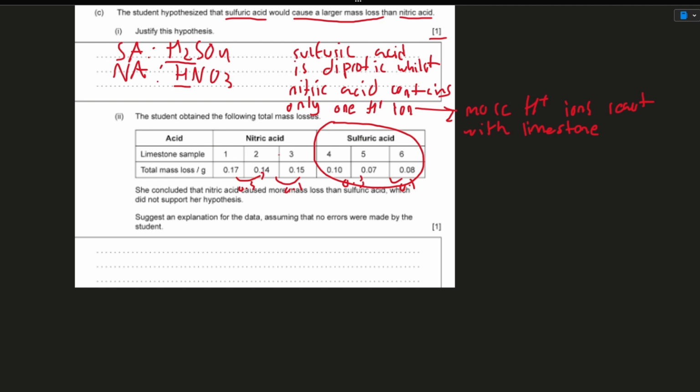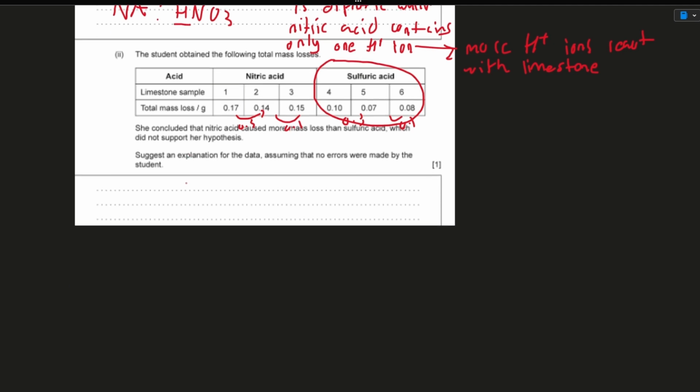Because nitric acid is less reactive because it has less H plus ions, it's more unlikely that it would cause the same error as sulfuric acid.